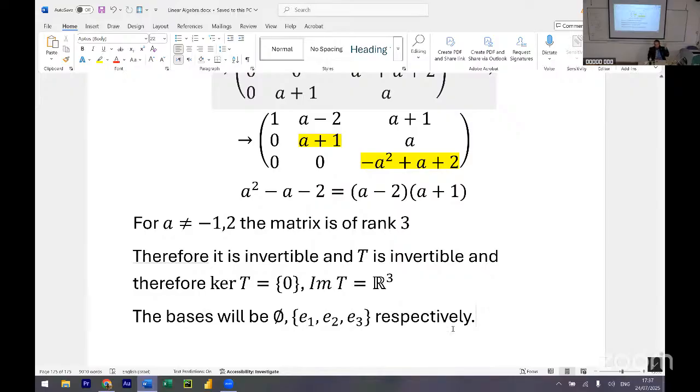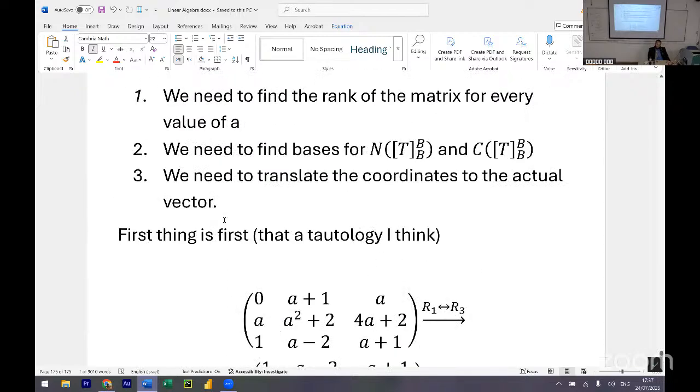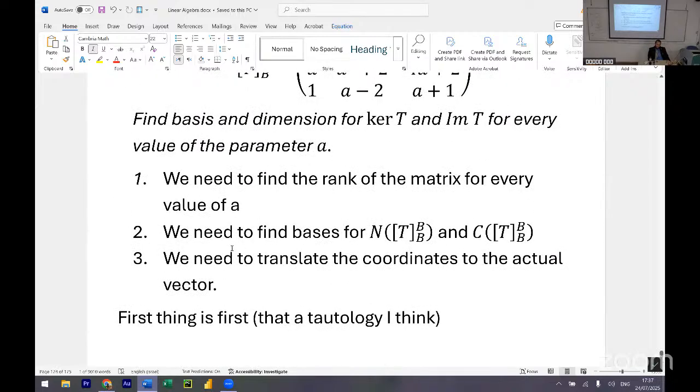So I could choose any basis for R3 that I would like. I could have chosen B as well, but I wanted to emphasize that I could choose any basis, even the standard one. Okay, so all we are left with are two values of A, minus 1 and 2, for which we'll have to go over the other two steps.